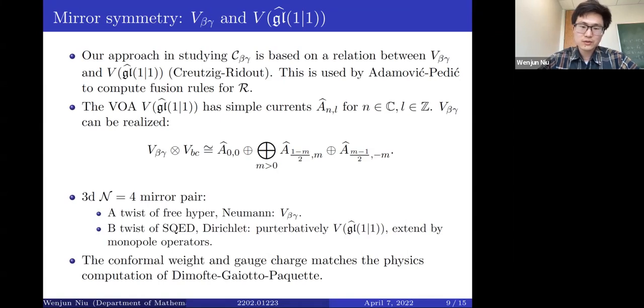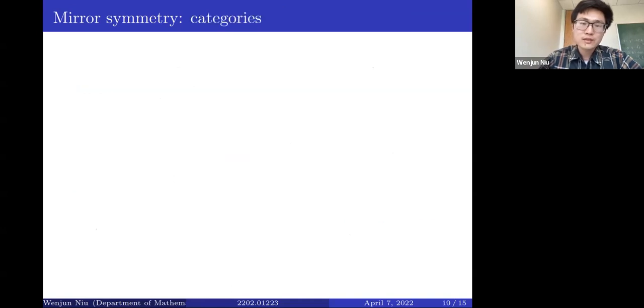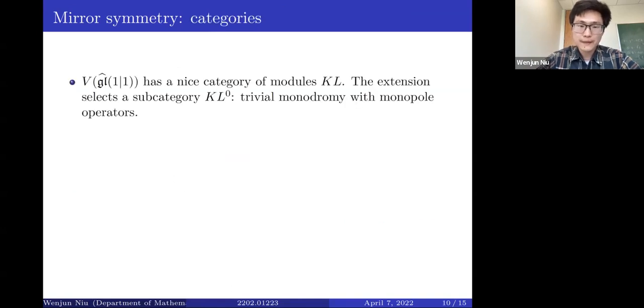So this is telling me that there is a relation between the two, and this is really nice because GL(1|1) is a vertex algebra associated to a Lie superalgebra. It has a really nice category of modules, the Kazhdan-Lusztig category.